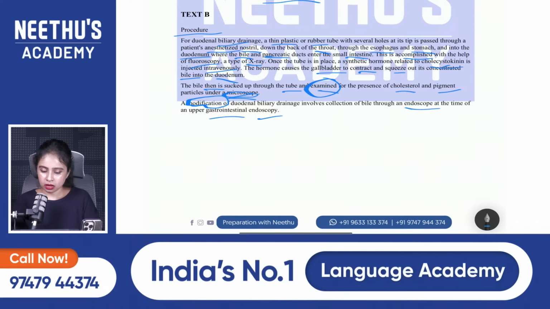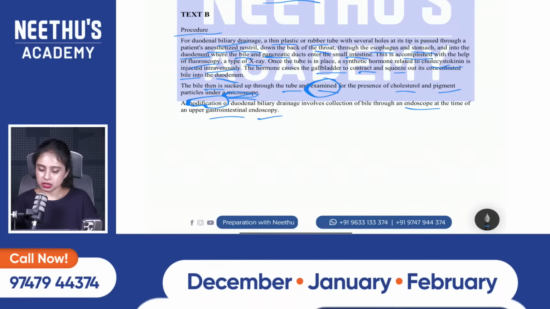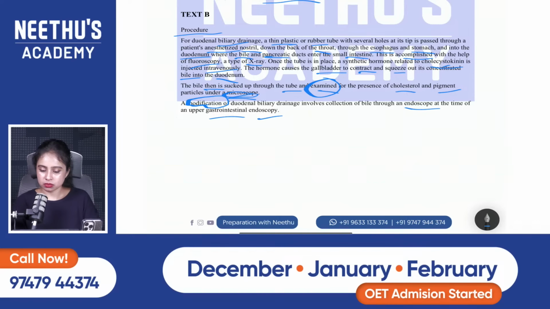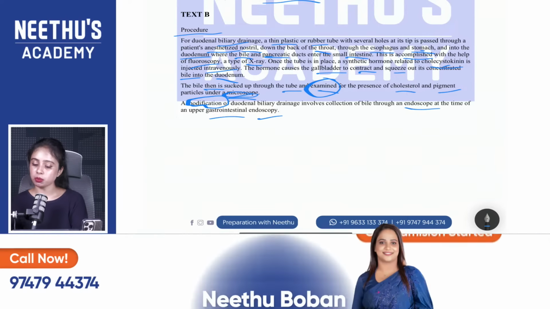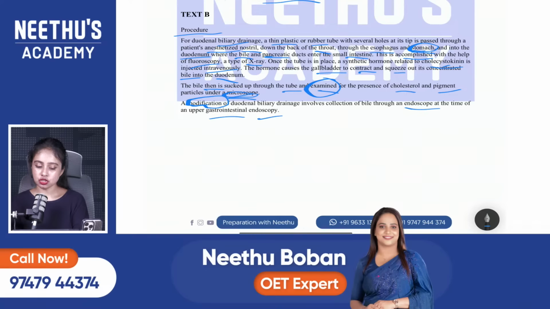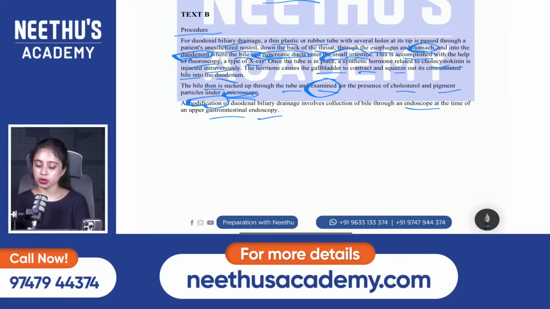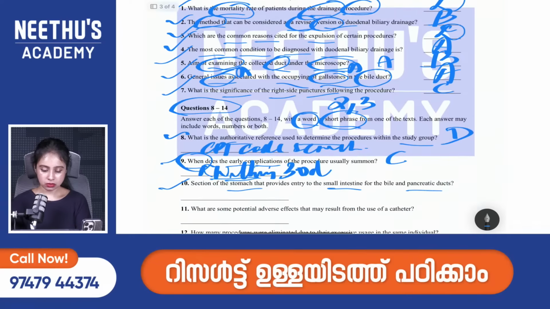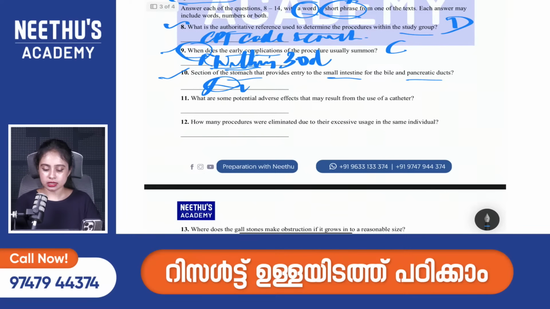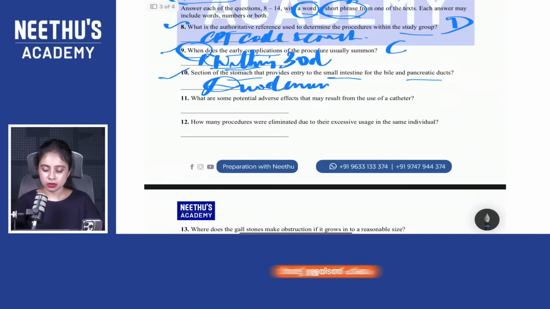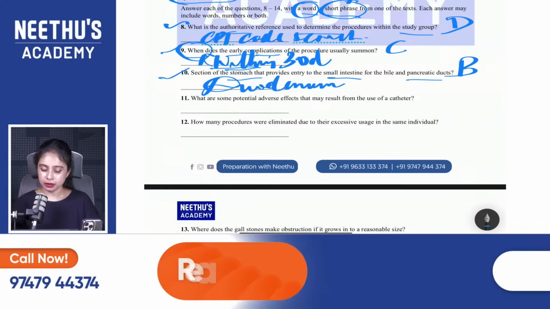Duodenal biliary drainage, thin plastic and pass through the esophagus. Stomach is here. And into the duodenum, where the bile and pancreatic duct is the keyword. Bile is the keyword. Small intestine. So I think the answer is duodenum. Yes, very good, Sudha. Right answer. Answer is duodenum, which is mentioned in B.